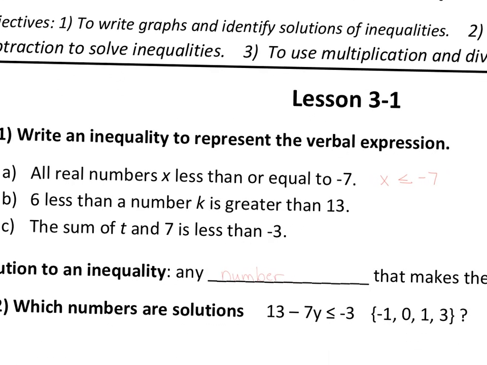Okay, so now this one says 6 less than a number, k, so we're using k, is greater than 13. So here's often a problem area right here. How do I know if I put an inequality there or an inequality here? Okay, there is a difference. So if I'm looking at this guy right here, that word is, okay, really important, that word is telling you that's where your inequality symbol goes.